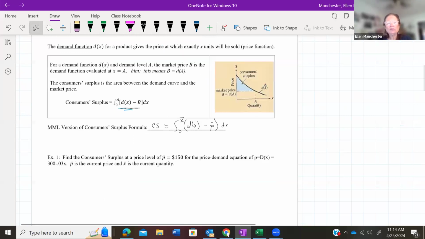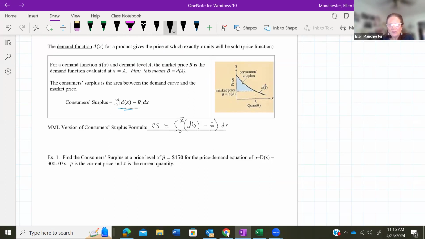So when you look at your word problem, I want you to notice, what do they give you and what do you still need? So in other words, I have a 0 here. That's always going to be 0. I have an X, so that means I need the number of products. I have a function and I have a price.